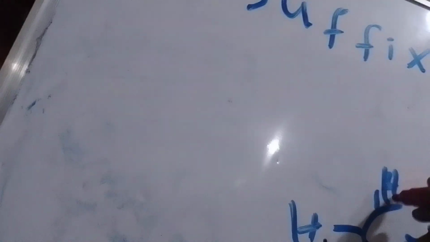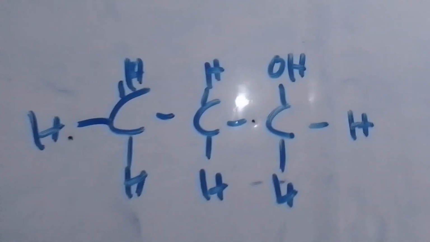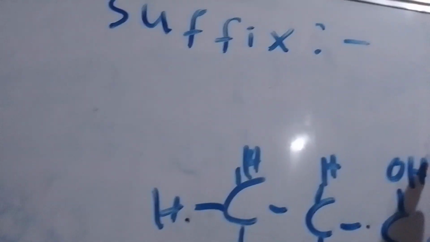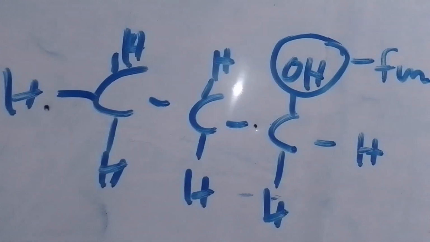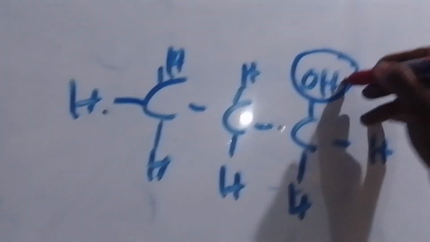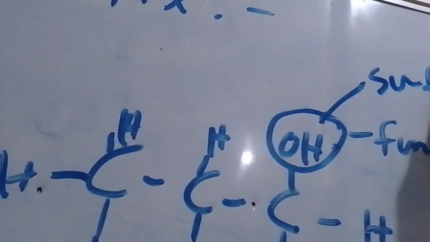Okay, for example, if I have a compound like this, now this here is the functional group. We call this the functional group. Now, the suffix name is the name of the principal functional group, which is this. This is what we call the suffix.